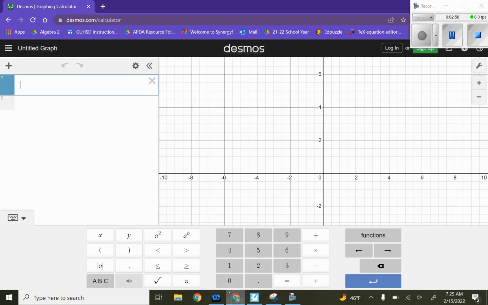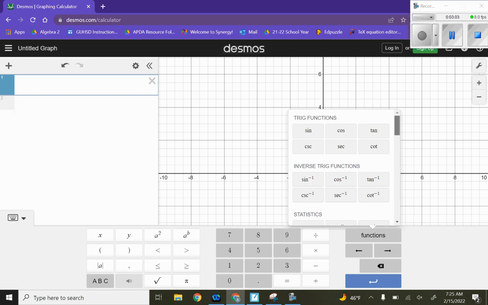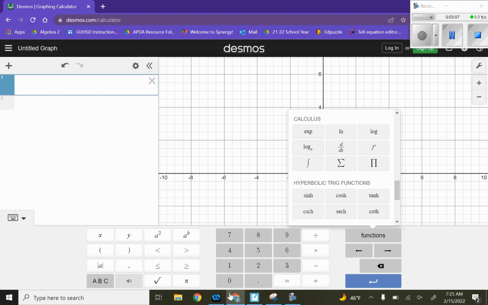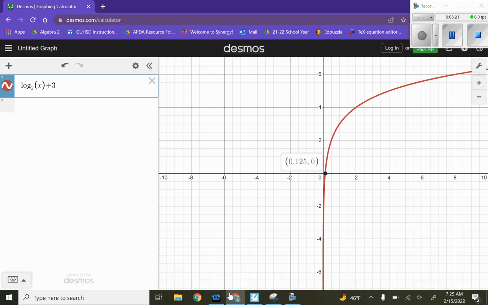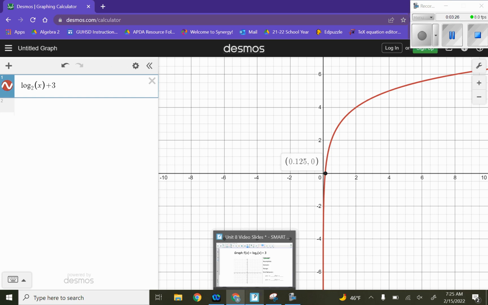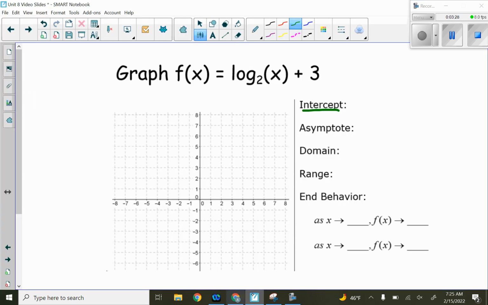If I graph this in Desmos, for log, you want to go to functions, down to calculus, and this log base a. So our base is 2, of x plus 3. So our intercept is this dot that pops up right here, (0.125, 0).